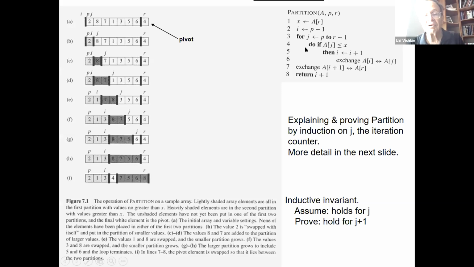So let's see what's going on here. This is still the partition, which doesn't show the randomized selection of the pivot. It's the part that we maintain as it was before.